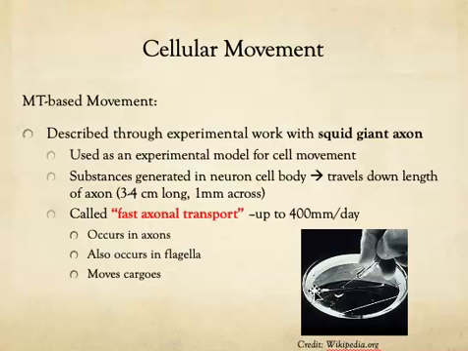The substances that are packaged in the neuron cell body in the squid giant axon are transported down the length of the axon at 400 millimeters per day. If you think about it, that's pretty impressive. So it turns out that fast axonal transport happens not just in squid, but in all axons. It's also occurring in flagella, and in both of those structures, it's helping to move cargo to its destination.